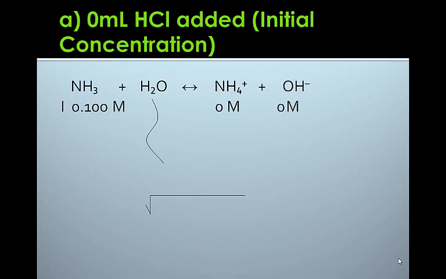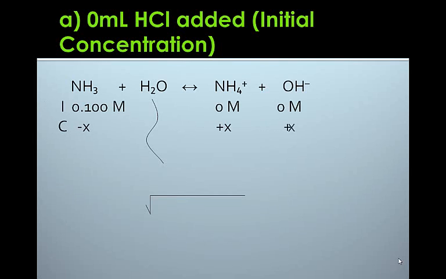For part A, we are not adding any HCl, so we are calculating the initial pH. We are going to do ICE for this equation, and we are going to use the initial molarity given to us, and for the product side we don't have any yet.